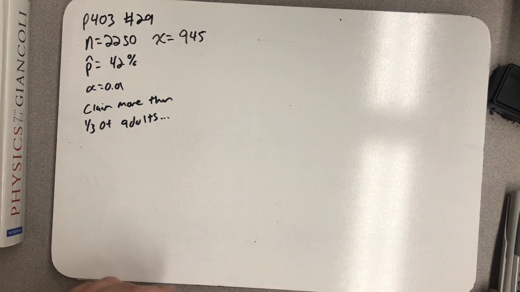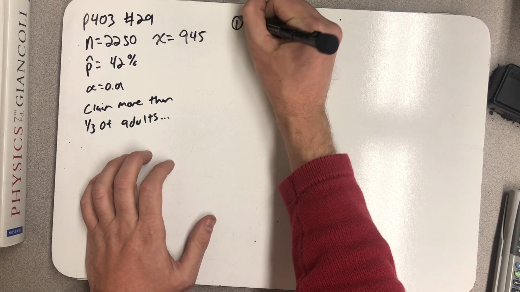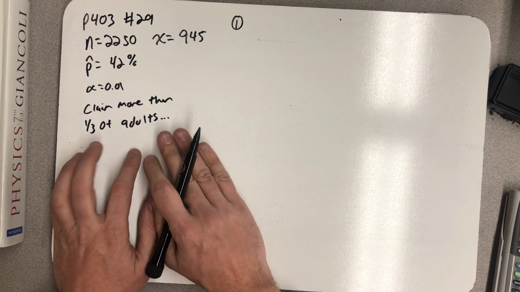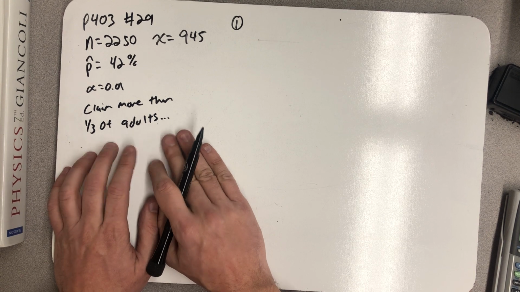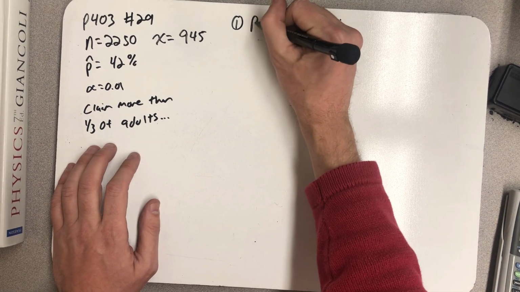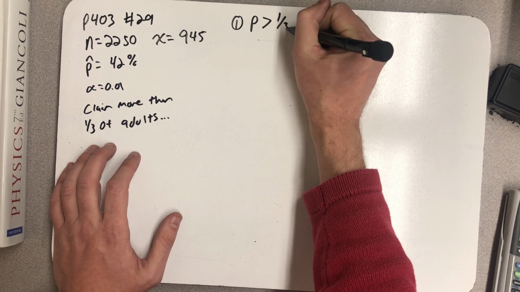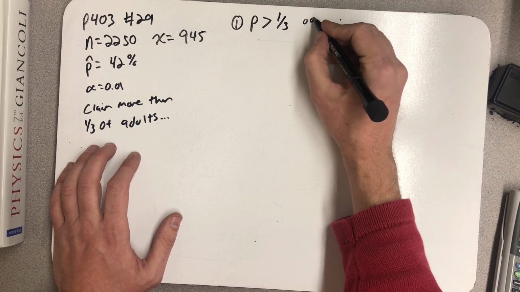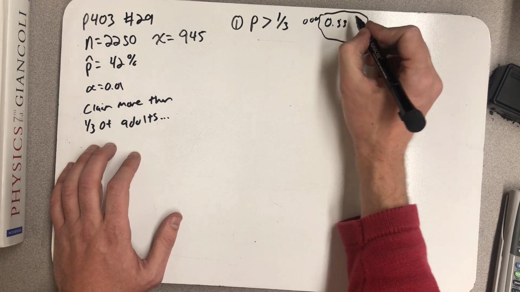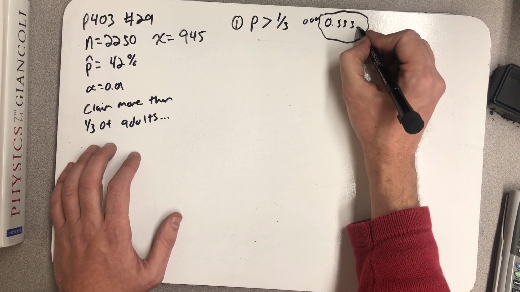All right, let's find our null and alternate hypotheses. First, I need to write down the original statement in symbols, so the original claim in symbols. More than 1/3 of adults believe in ghosts, so proportion greater than 1/3. I want to avoid rounding as much as possible, right? Because this would be 0.33333 forever.